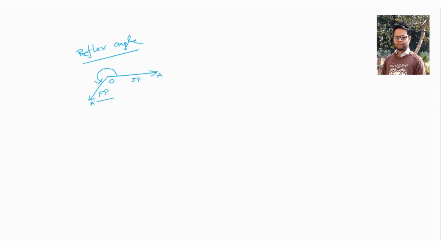Now this is O, this is A, this is A dash, initial position, final position. This is also one kind of reflex angle.